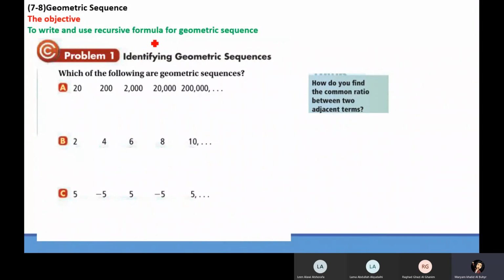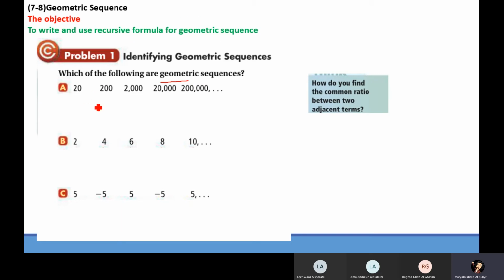So first of all, we need to identify a geometric sequence. We need to check if the given sequence is geometric or not geometric. Definitely, you can classify it as geometric, arithmetic, or none of these things that you learned.